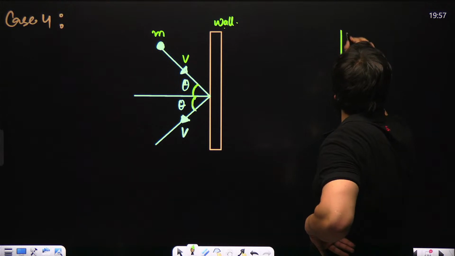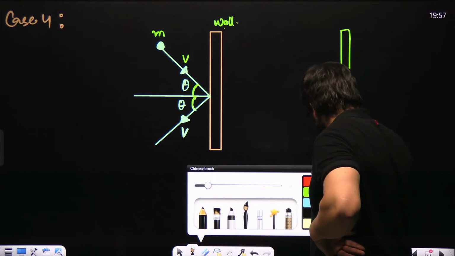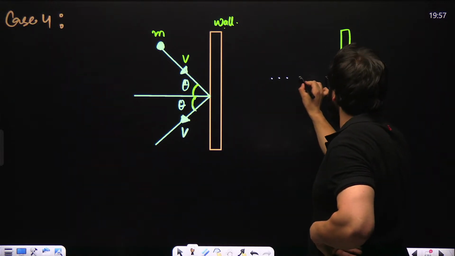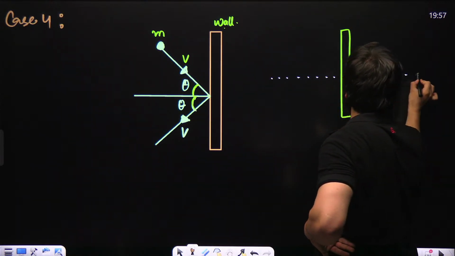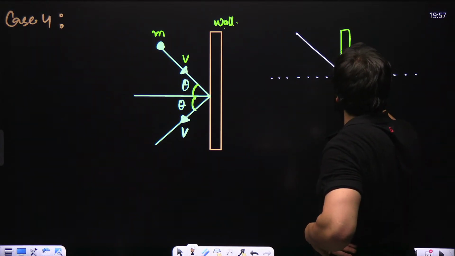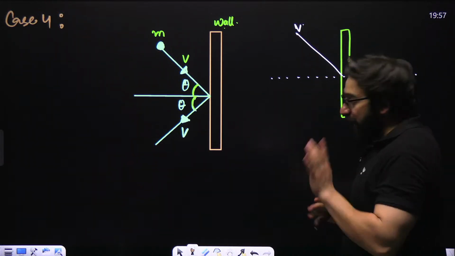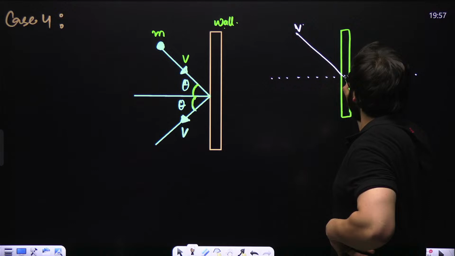Now see, always remember guys. Let's suppose I have got a vector over here, something like this. This is a v vector. I say this v vector will have two components.